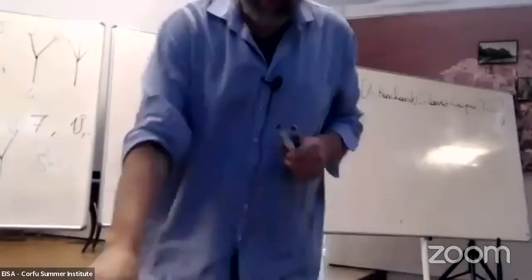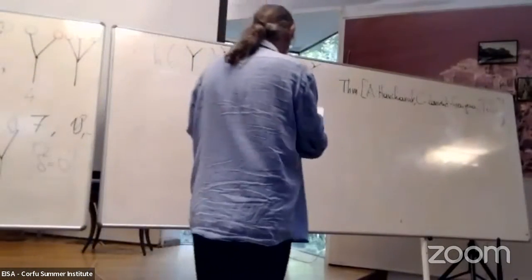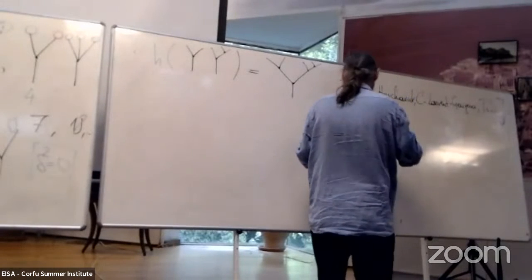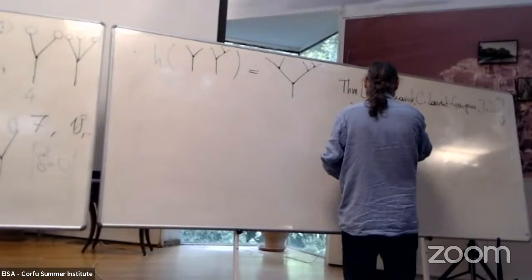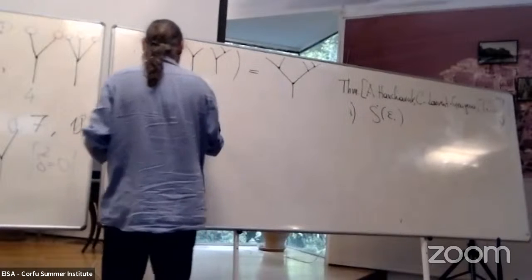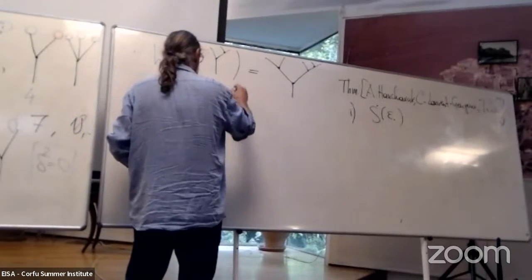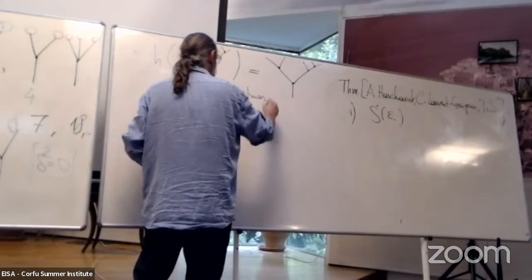The theorem has two parts, namely, if I look at the forest of such Christmas trees, S dot of epsilon dot, where epsilon dot is now the O module of these Christmas trees.